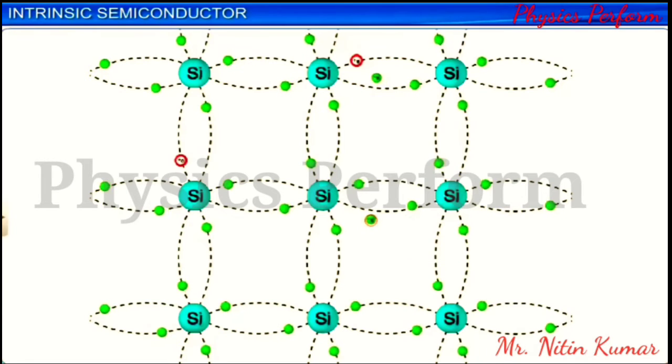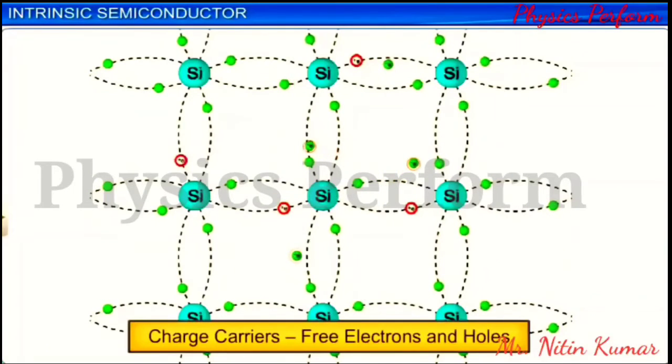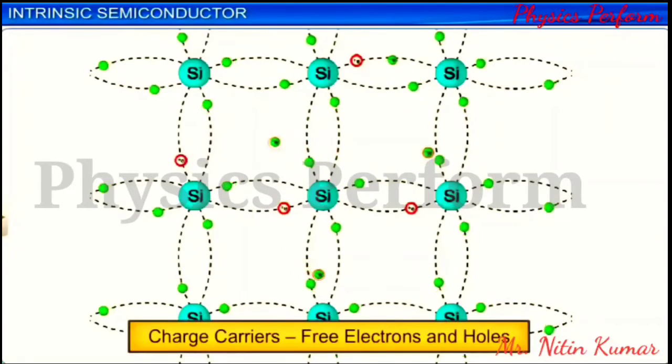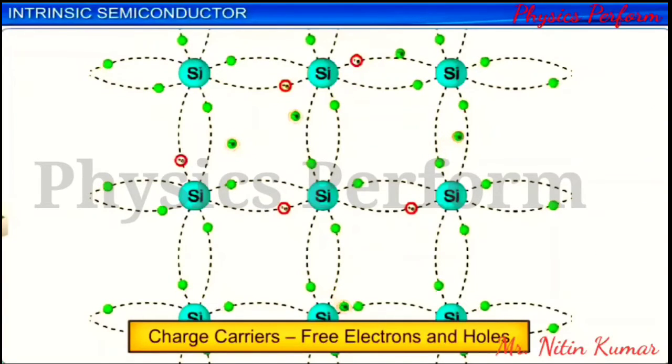Thus, there are two types of moving charge carriers in the crystal lattice of a semiconductor: the negatively charged free electrons and the positively charged holes.